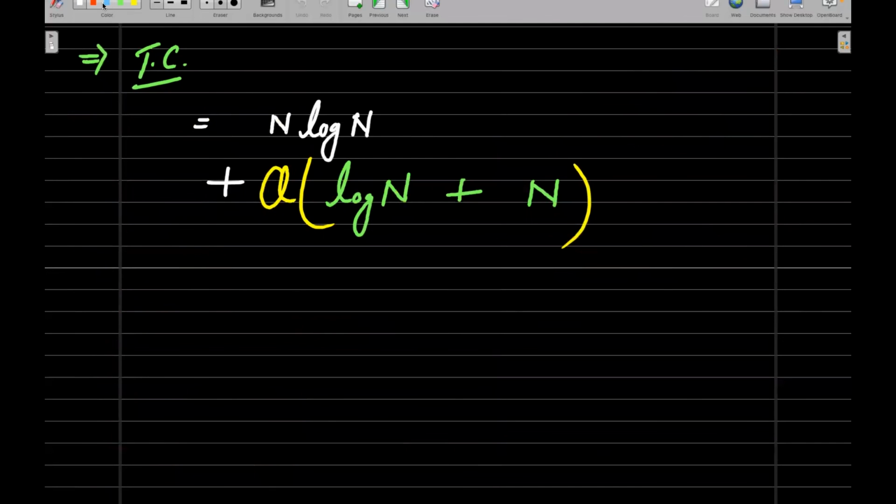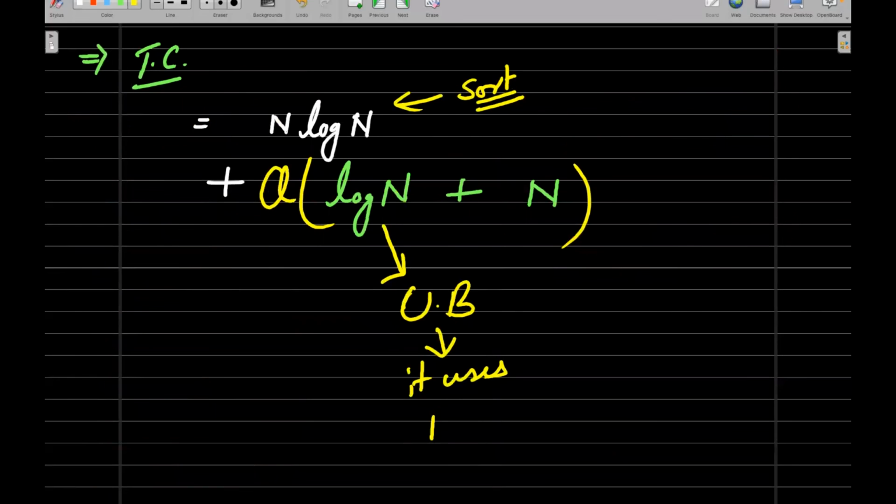So n log n time complexity is for sorting. We all know sorting takes this much time. This log n is for finding the upper bound. Why? Because it uses binary search, and we all know binary search runs in log of n time.